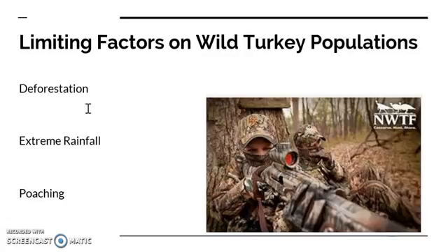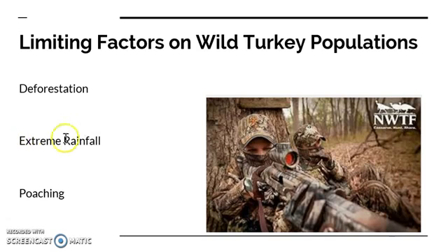Because turkeys depend on forests. They roost in the trees, so they need it as a place to sleep and be protected. They nest in the undershrubs of the trees, so they need that to have safe nesting sites. So deforestation causes habitat loss, which can disrupt the growth of the population.